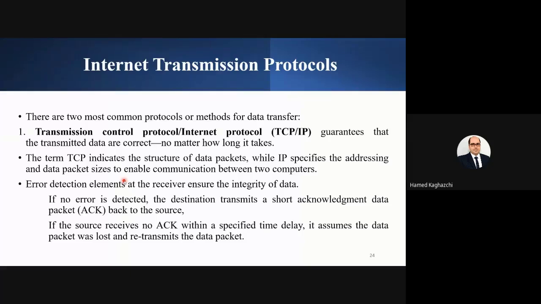So, as you saw, we broke up the data through the network and transmitted the data packets in different ways. So, for integrity at the data receiver, we have to detect errors.